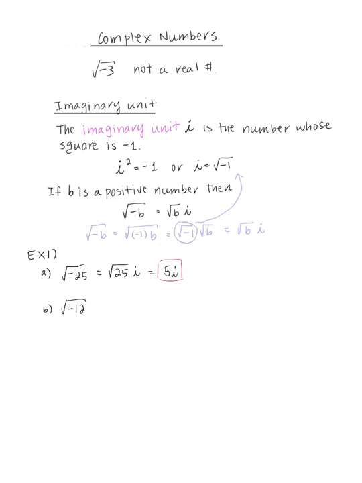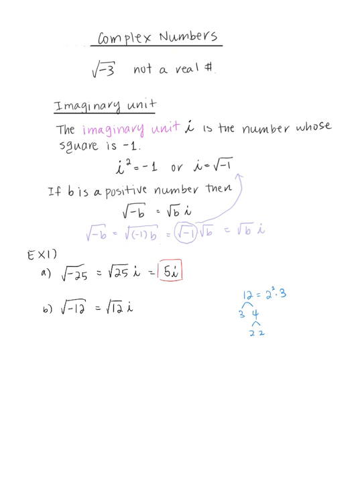Let's take a look at another one, the square root of negative 12. Let's first apply the property of the imaginary unit. So here you're going to have the square root of 12 times i. We're going to have to simplify all the way, so 12 is 3 times 4, and 4 is 2 times 2, so this is 2 squared times 3.